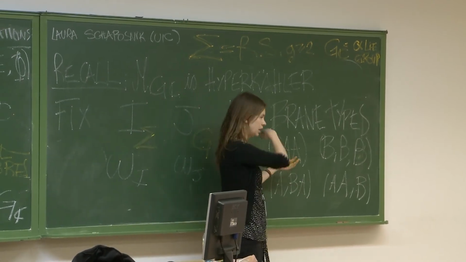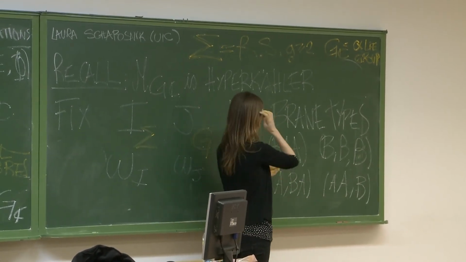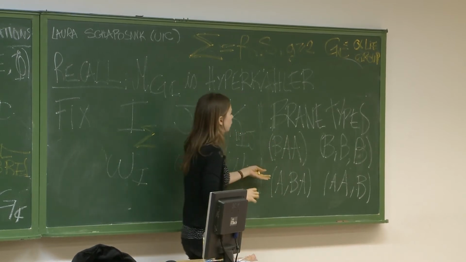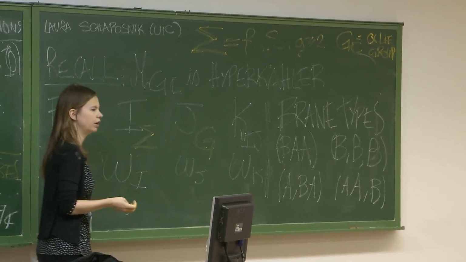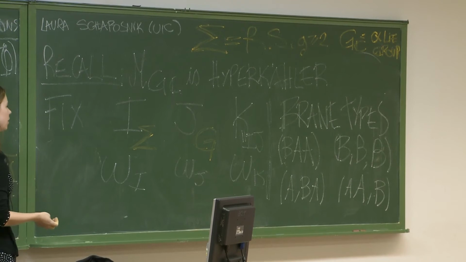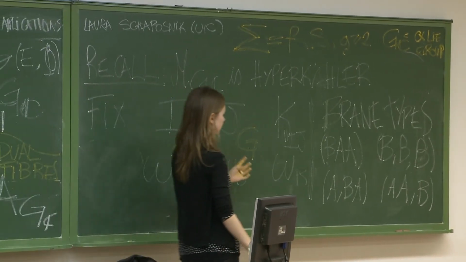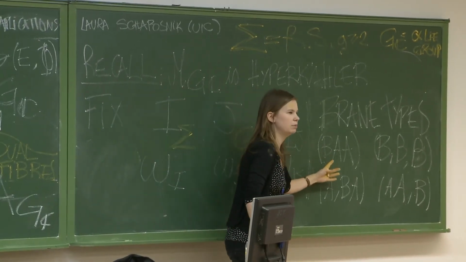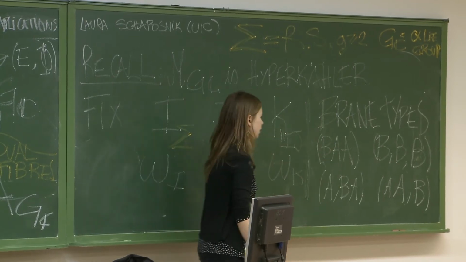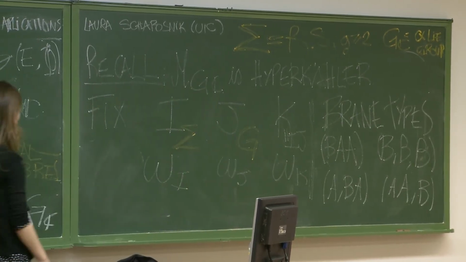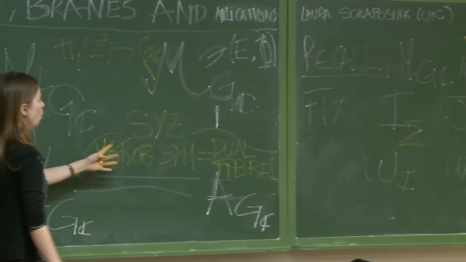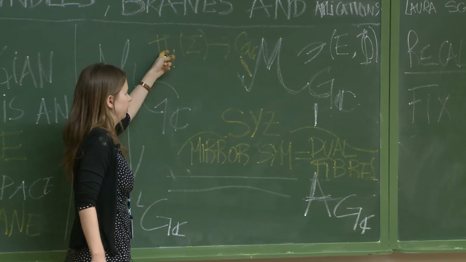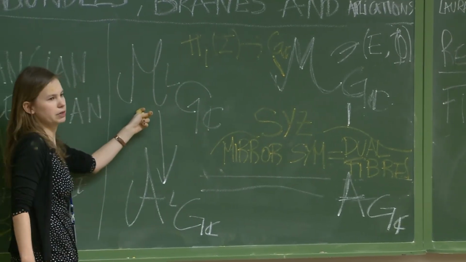And that was the beginning and the end of it there. There's not much more being done for the next few years. So we've been asking with my collaborators, how do we get new examples? Once we get new examples of all of these types of branes, how do those examples lie within the Hitchin fibration? How do they relate to representation theory? And how do they relate to mirror symmetry?